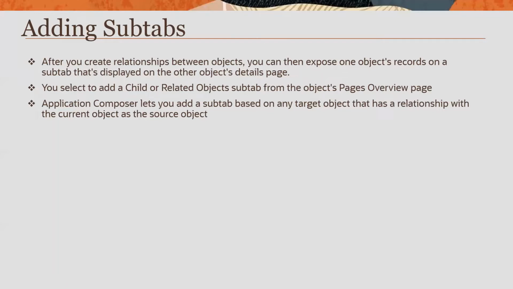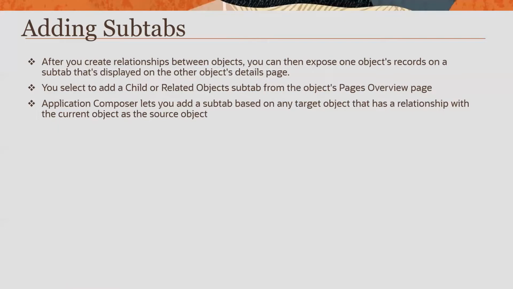But when it comes to a one-to-M relation, if we create a one-to-M relation between account and contact, then we can add the subtab only in the account object.